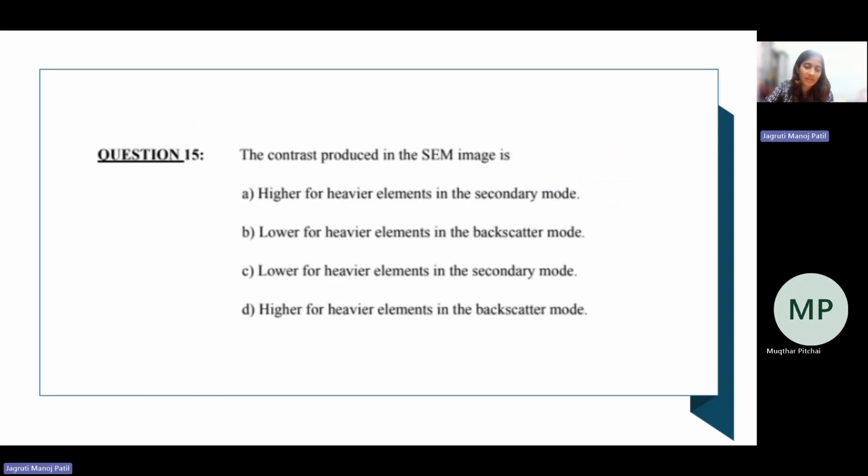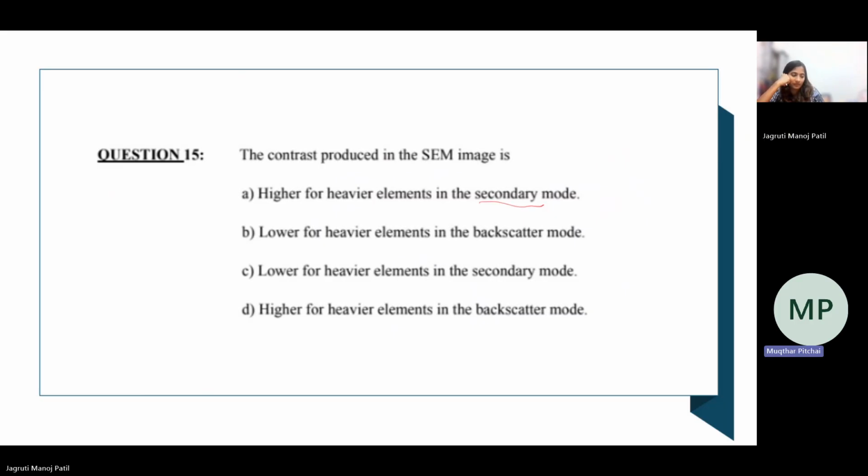Next, the contrast produced in the image is for what? Higher for heavier elements, lower for heavier elements. Okay, so we have different modes here. Is it higher for heavier elements in the secondary mode, or lower for heavier elements in the backscattered mode, lower for heavier elements in secondary, or higher for heavier elements in the backscattered?